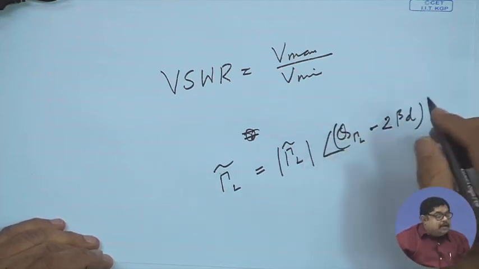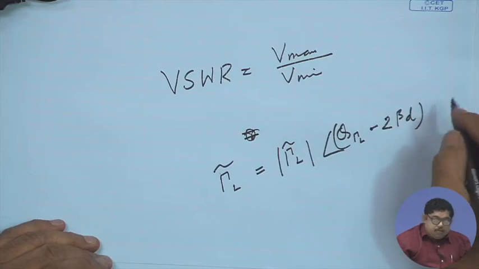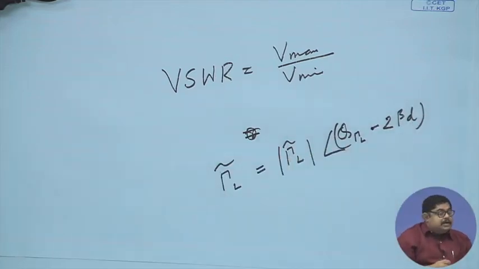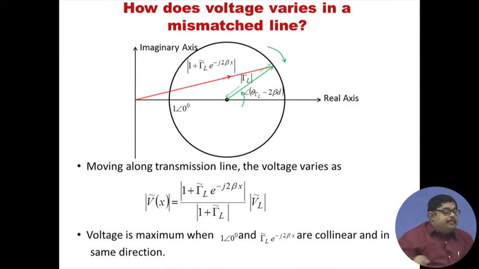So, this 2 beta d, or 2 beta if I have a distance d. In the phasor diagram, this is called the crank diagram. Here we have shown that one is your 1 angle 0 phasor, and it is summed with another phasor, the green one. So, the resultant is this red phasor.